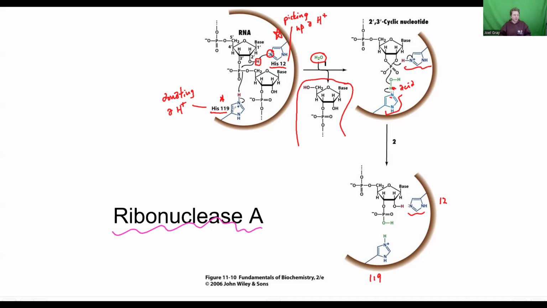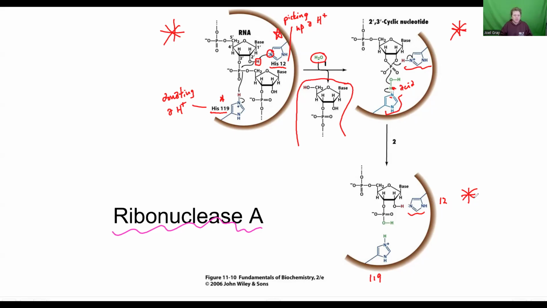Now, my question for you is, when we look at histidine 12, going from this location to this location, and then to this location, let's think about histidine 12's protonation state in each one of those spots. In the first spot, histidine 12 is deprotonated. In the second spot, it is protonated. And in the third spot, it is deprotonated again. So it goes from deprotonated to protonated, back to deprotonated, so it can carry out the reaction again.